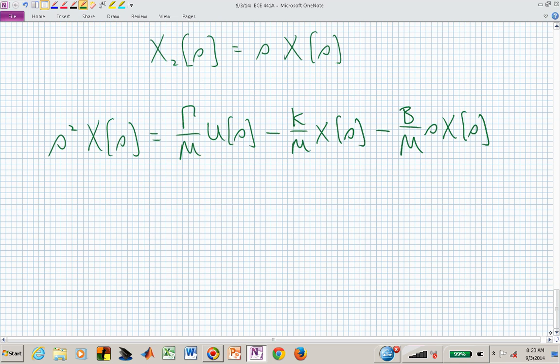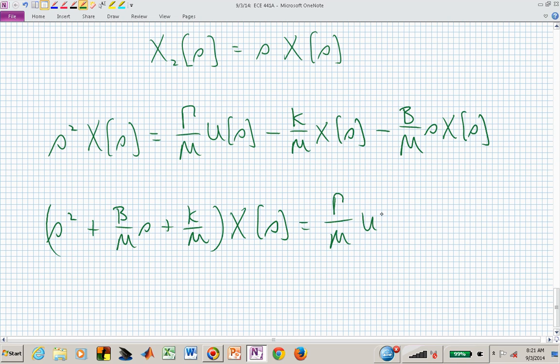Now let me simply pull all my x's onto the left and keep the u term on the right. And I now have an s squared plus b over m s plus k over m, all times x, equaling gamma over m u of s.